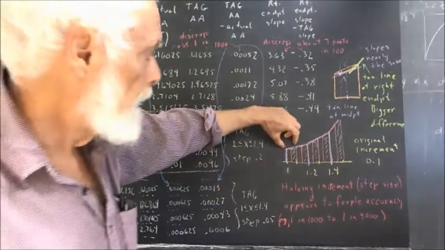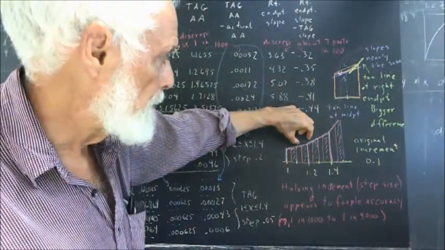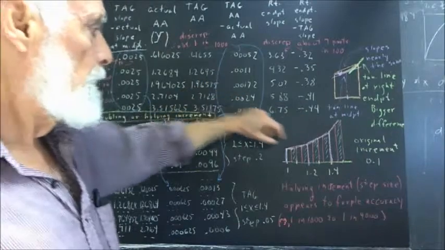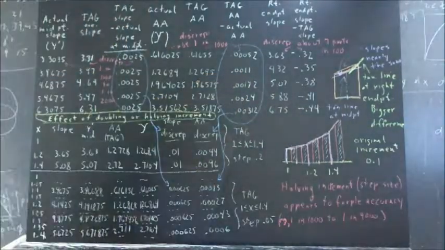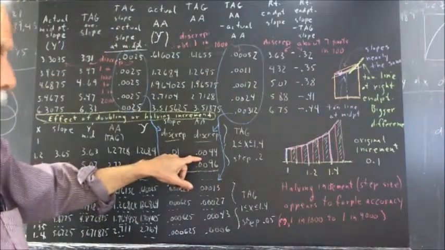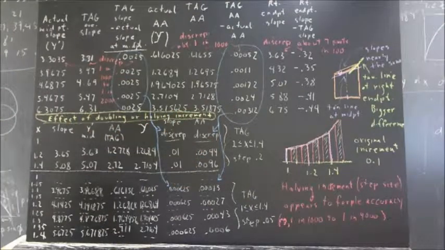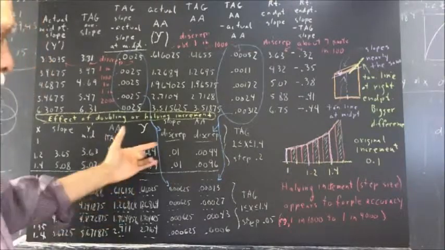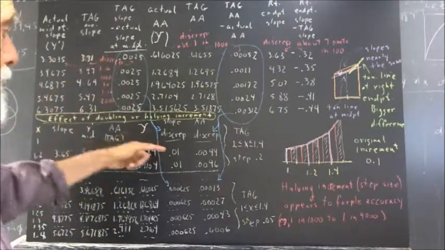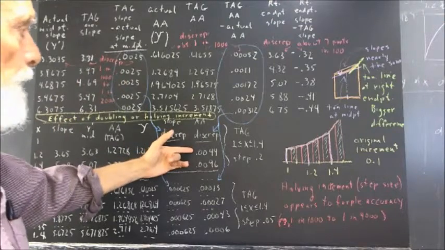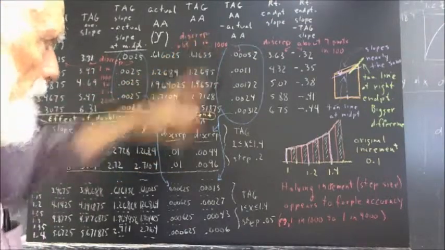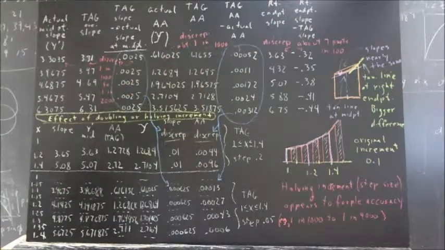In other words, we have 2 intervals of this trapezoid. Only the second, which has the greater discrepancy, would be as big as 1/4 of this one. And similarly over here. And without going into much more detail, we say that it appears that these discrepancies quadruple, and these discrepancies appear to at least quadruple.